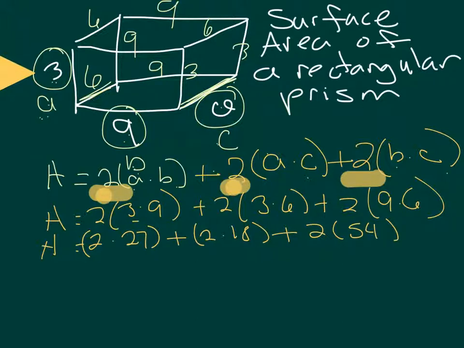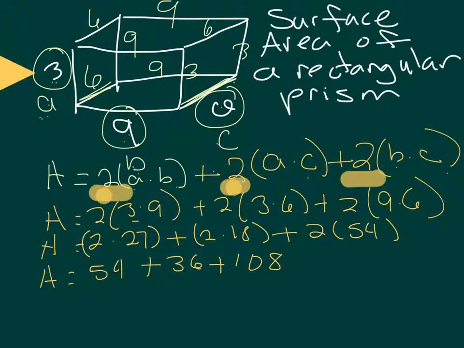Then I'm going to come over here and find the area, and I'm going to say 2 times 27. I'm doing this in my head, so let's see. I don't have much room to work it on here. 2 times 27 is 54, plus 18 times 2 is 36, correct? And then 54 times 2 is 108.